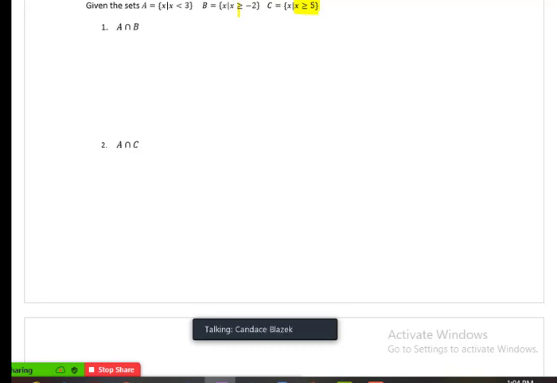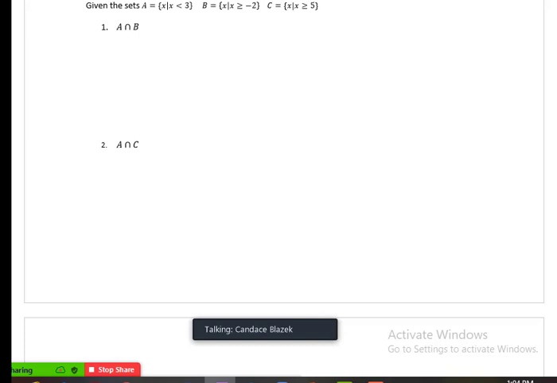Now we look at the first question, and the first question says given the sets, it should say find A intersect B. So we want to find the values that they have in common. To do this, since we're looking at inequalities, and when we looked at inequalities before, we used number lines to describe them.